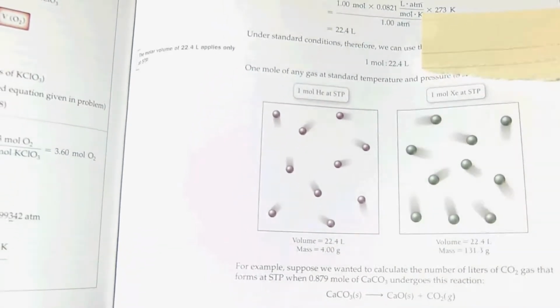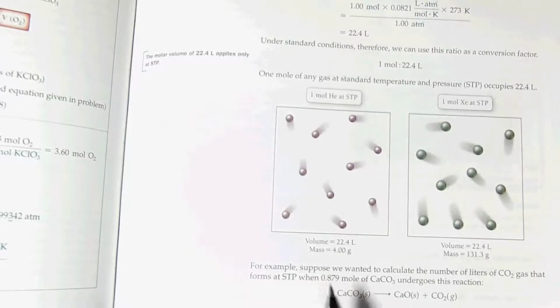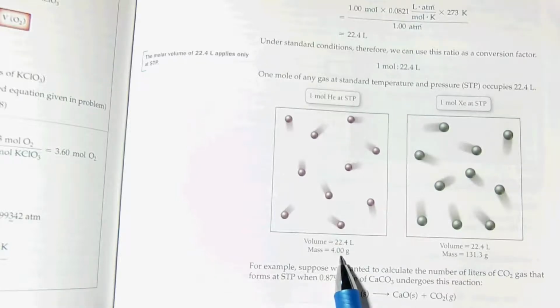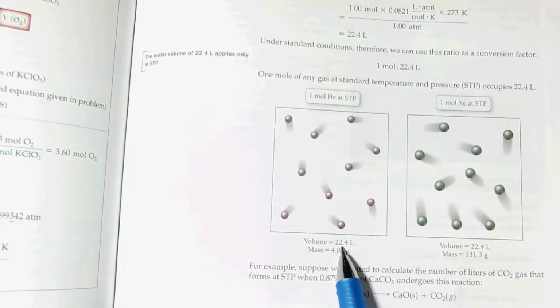Your book kind of shows you a picture of that here as well. It shows you 1 mole of helium, which weighs 4 grams per mole, and 1 mole of xenon, which weighs 131 grams per mole. So the xenon weighs a whole heck of a lot more. But let's say you happen to have the same volume of this one and this one, and they're both at the same temperature and at the same pressure.